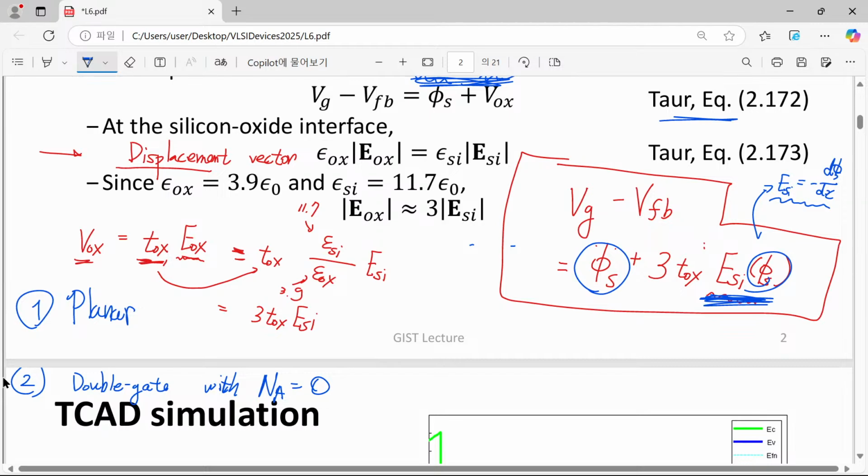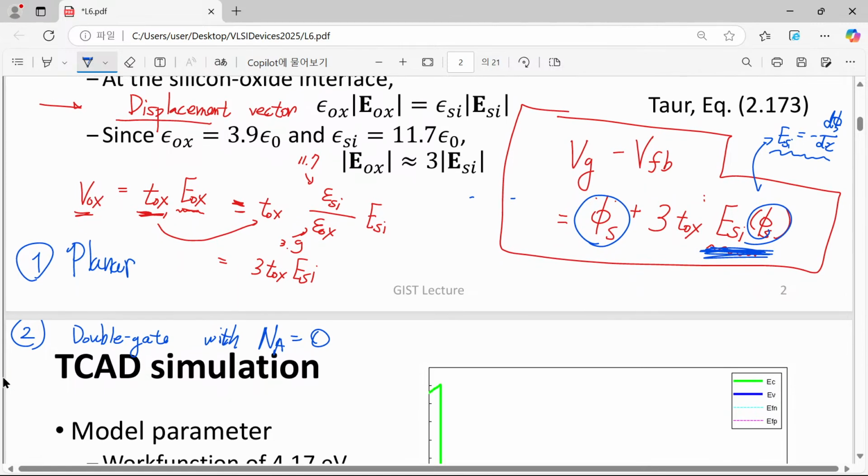Now let's go to this equation. The reason why I spent almost 30 minutes to review this property is that you have to have strong motivation for finding the expression. Why do we have to consider the relation between surface electric field and surface potential?